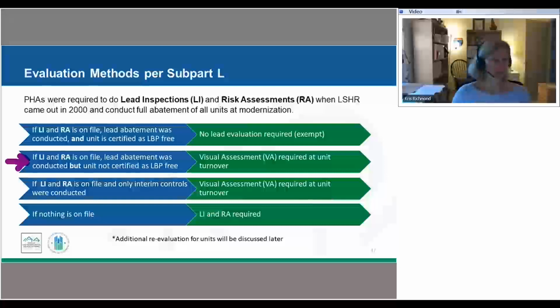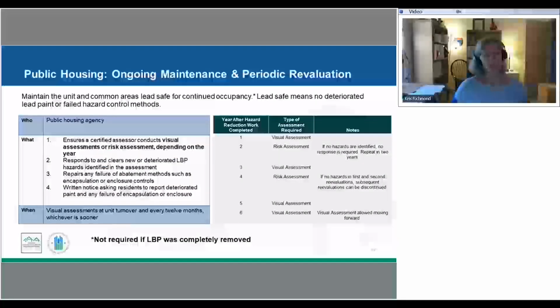But for me, I need to continue on with my ongoing maintenance. So remember, we talked about ongoing maintenance. We get to that slide, 87. So, you know, we're in year 22, so we're like way down here. We're continuing to do visual assessments.